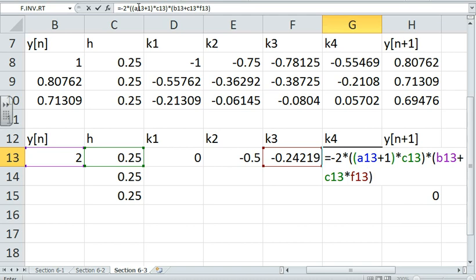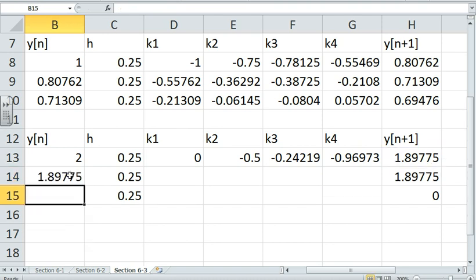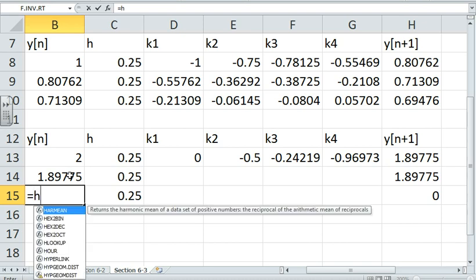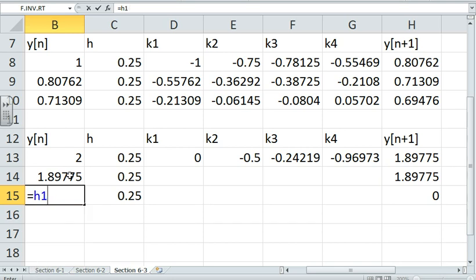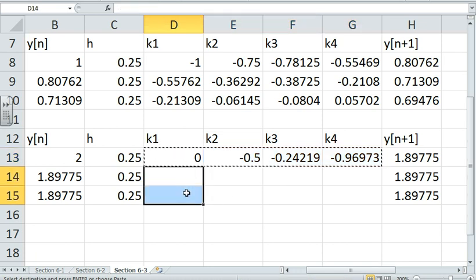Close parentheses. Okay. So this guy here has to be H13, and this guy's got to be H14. Okay, and these guys have to get copied and pasted into there.